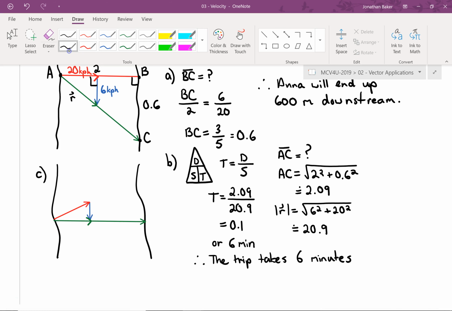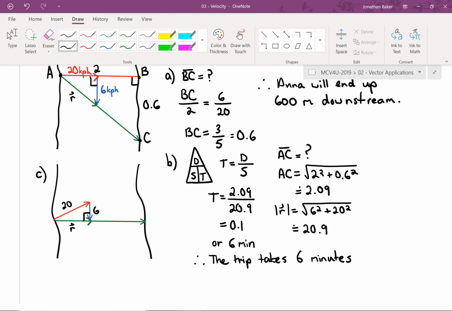So this would be a right angle, because the current is perpendicular to the direction she travels. What else do we know? She's driving at 20 kilometers an hour, and the current is 6. Think about this for a moment: what could we do to determine the length of this velocity, this new resultant r, and the angle?